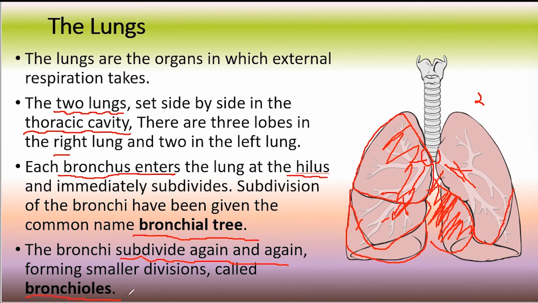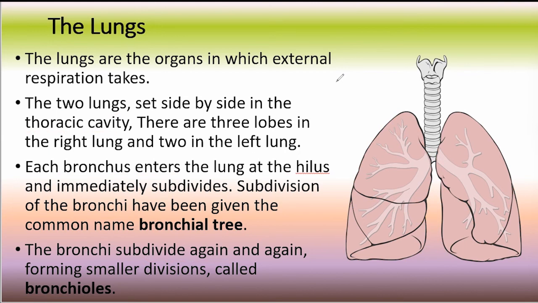Certainly, bronchioles we are not able to see with our naked eyes. We need to use a microscope, then we can see the bronchioles. But the pulmonary bronchi area, we can see it. So that's generally the lung part formed by the bronchial tree.